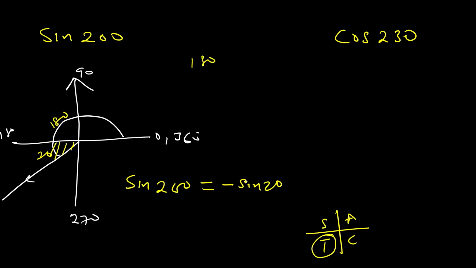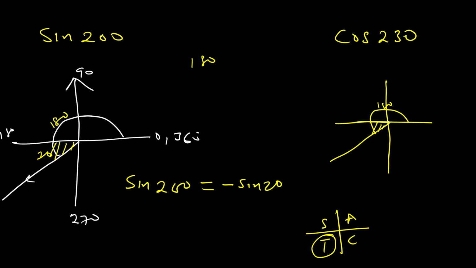Can you try cos 230? Let's see. 230 is also from here. We need to measure this side. We know everything is 230, and from here is 180.